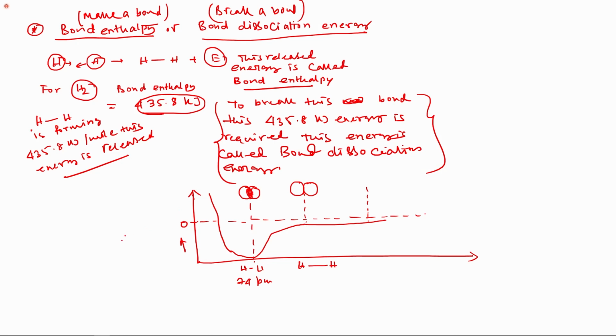So this is the dissociation energy, in kilojoule per mole, and this is the nuclear distance, increasing here, in pm units. In that situation the distance between these two hydrogen atoms is increased, and the hydrogen bond is broken.